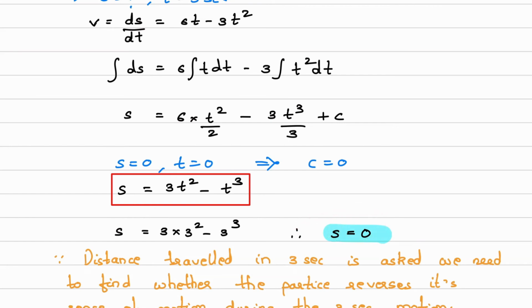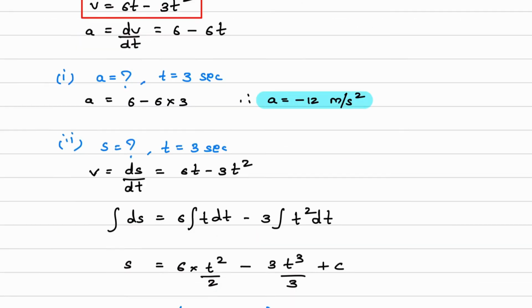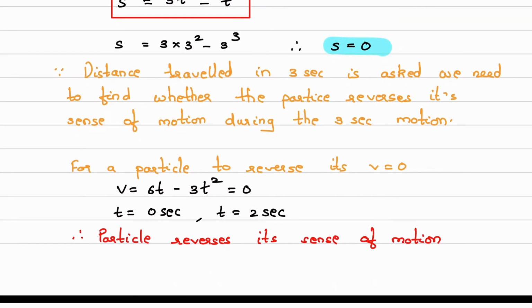So basically what we understood is, the particle starts the motion when s is 0, t is 0. Then when t is 3 seconds, again s is 0. So what is the meaning of that? Somewhere the particle has changed its direction. So what we did is, when will the particle change its direction?